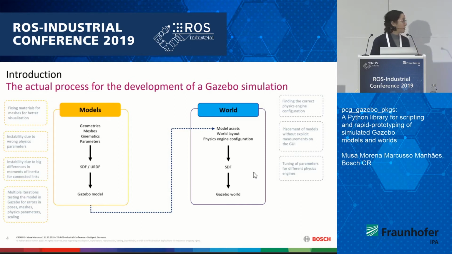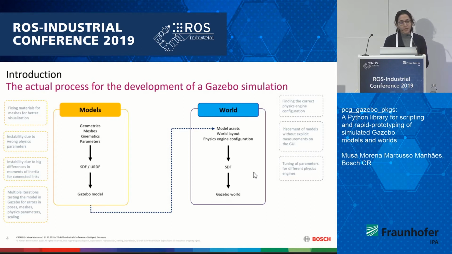Sometimes you might have issues, for example, if you place a very tiny sensor on top of a very large link of very large mass in the robot, that might lead to instability as well. So you have to learn how to adapt those and make some design decisions to make that possible.